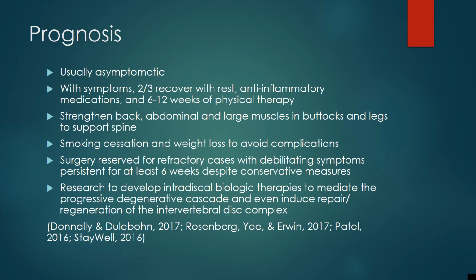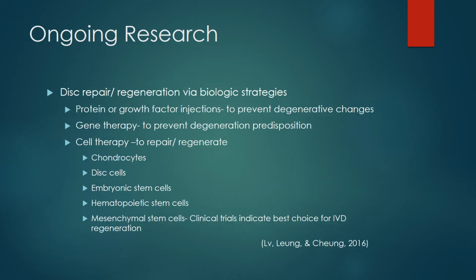Research is in development right now for intradiscal biologic therapies to mediate the progression of the degenerative cascade, and they're even exploring therapies that could induce repair and regeneration of the intervertebral disc complex.